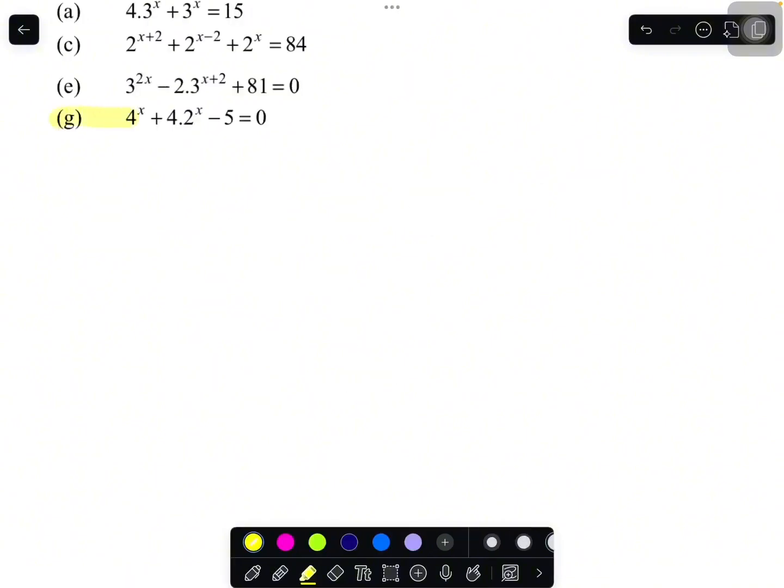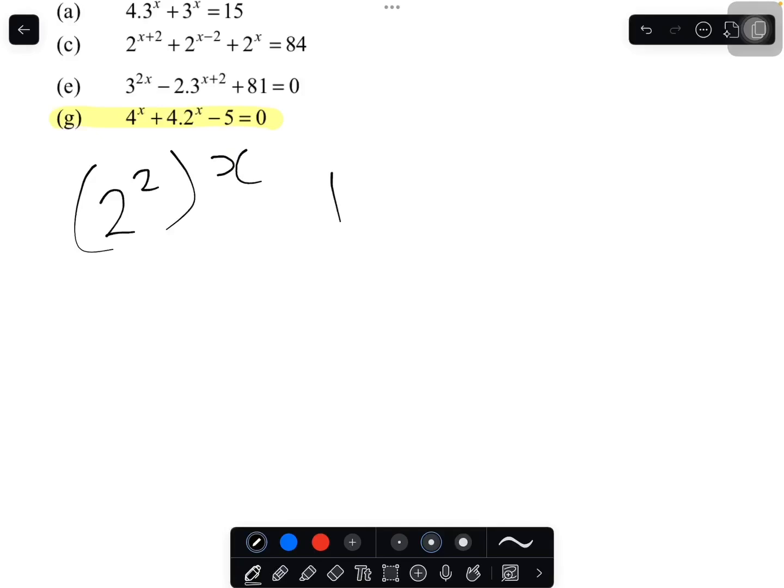We're now going to do g, and in g we have this 4x and this 2x. So my first instinct here is, let me convert this 4, and this 4 can be written as 2 to the 2 to the x plus 4 times 2 to the x minus 5 equals 0.